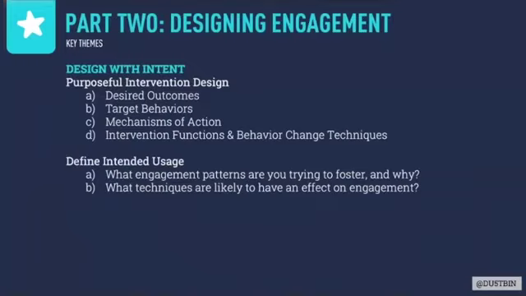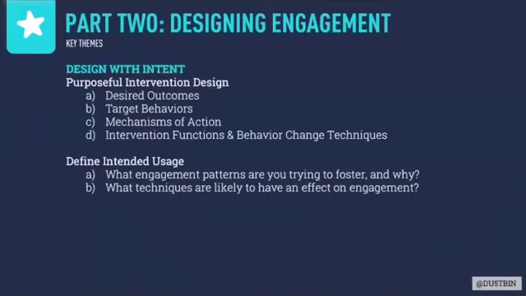How will we measure them? What behaviors will result in those outcomes? What do we want people to do? What underpins those behaviors that might need to shift? Is it motivation? Is it knowledge? Is it skills training, beliefs, attitudes, social support?